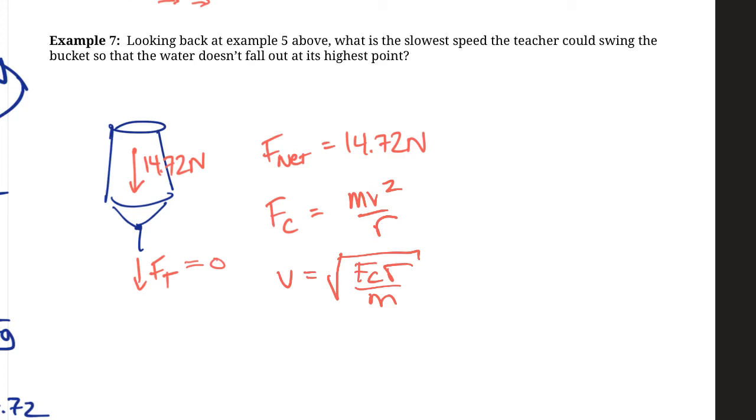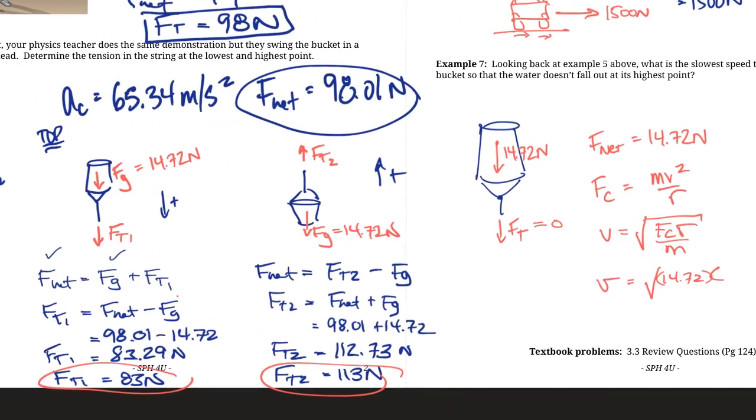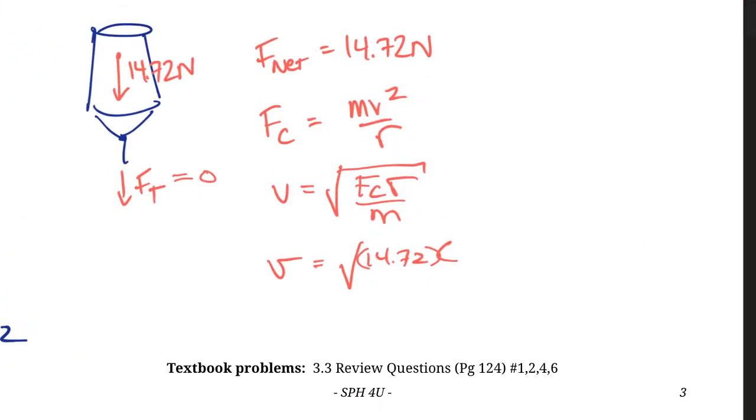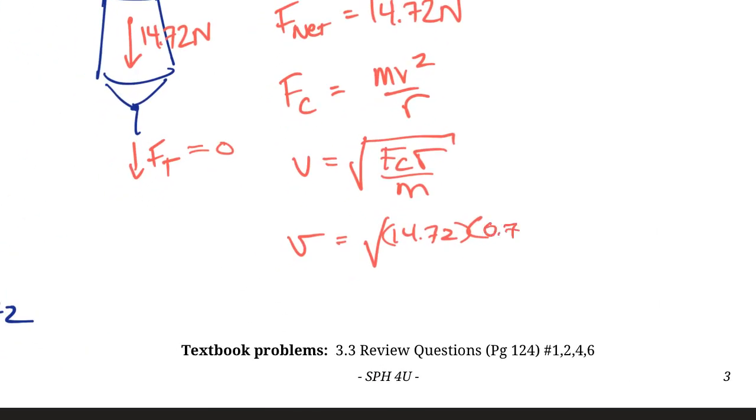So if we do that, I meant to write in blue, but that's okay. The speed is the square root of 14.72 times the radius, which doesn't change, right? The radius was 0.7 meters, all over m, which is 1.5 kilograms.